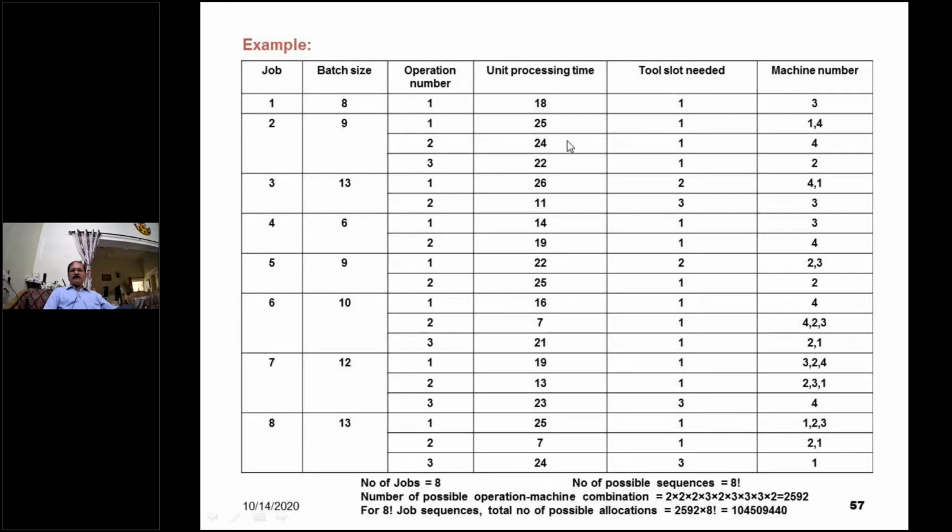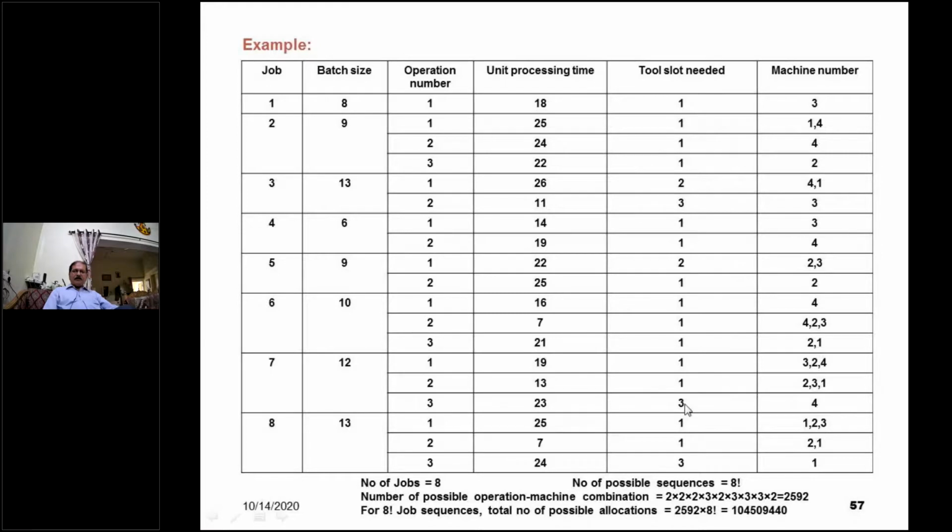Tool slots required is 1, 1, 1, and operation 1 of job 2 can be assigned to either machine 1 or machine 2. Operation 2 can be assigned to machine 4 only. Operation 3 can be assigned to machine 2 only. This is what flexible means: you can load the job on any machine.